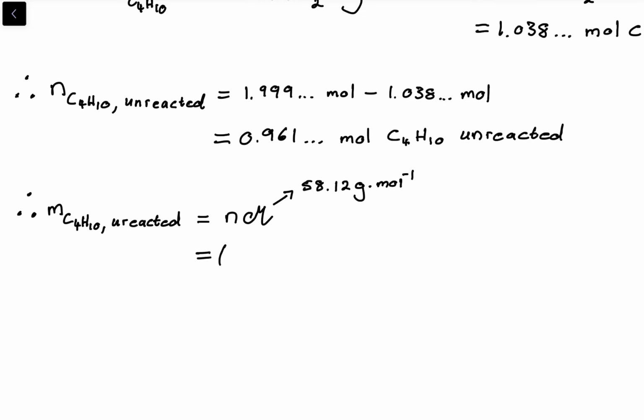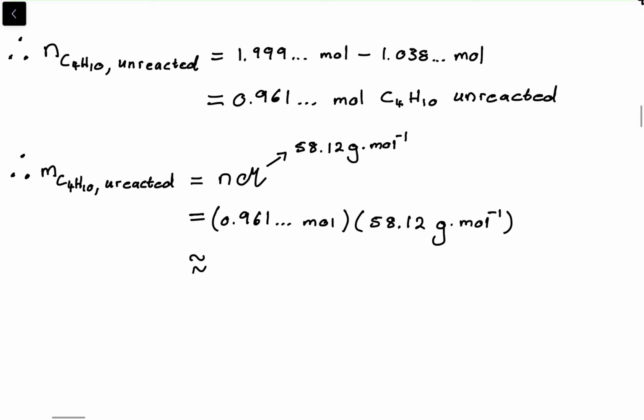So we plug in here 0.961 mole multiplied by 58.12 gram per mole. And you'll get, once you've rounded to 4 significant figures, 55.87 gram C4H10 unreacted.